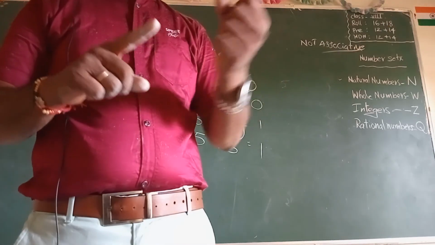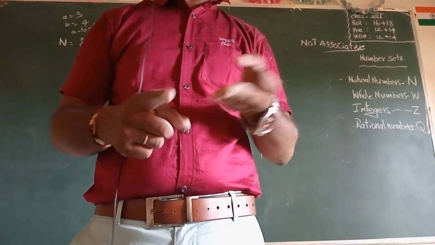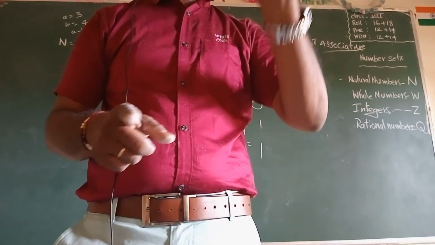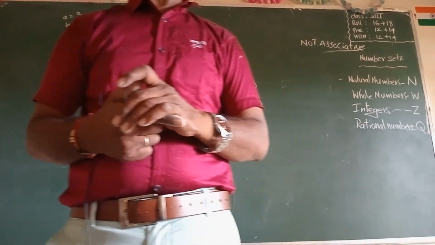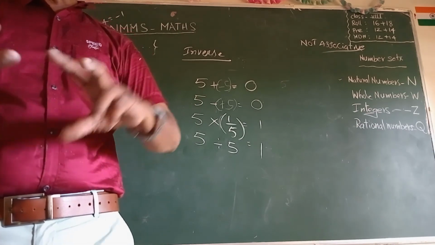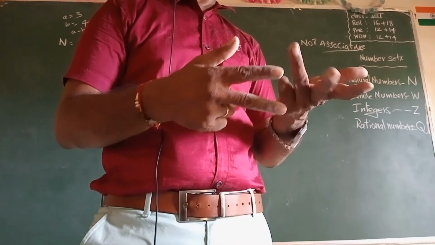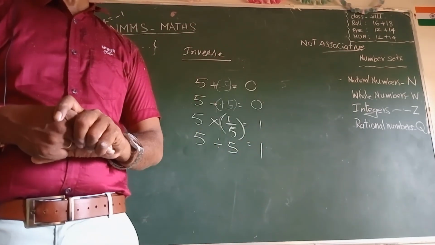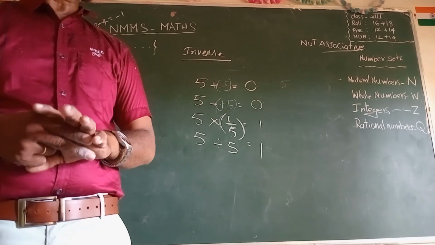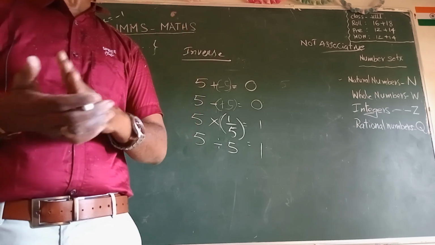For commutative and associative also, addition and multiplication are applicable. For identity, there is no additive identity in natural numbers, but there is a multiplicative identity, that is 1. For inverse, there are no negative numbers in natural numbers, so the additive inverse is not applicable. Like that, we have to go through the properties of the chapter.